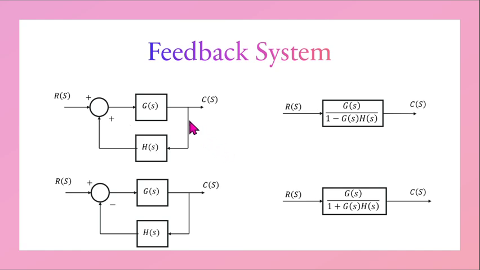If the feedback loop is connected to a summing point with a positive sign, then the transfer function will be G of S over 1 minus G of S, H of S. But if the feedback path is connected to the summing point with a negative sign, then it will be G of S over 1 plus G of S times H of S.